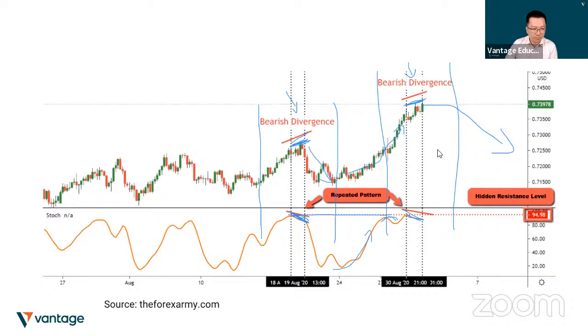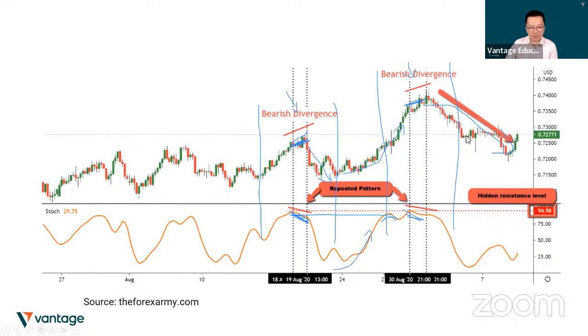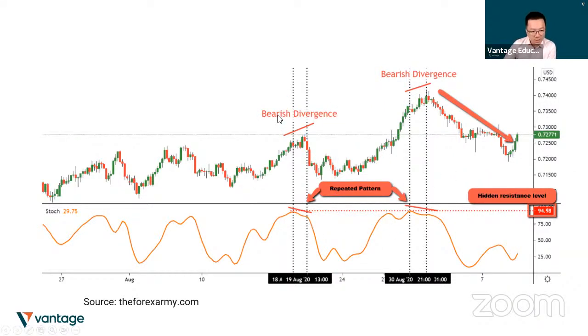So what we saw is that price pushed towards the downside. Let me just clear that out. You can see it's a repeated pattern leading to a repeated result as well. As we see price on the bearish divergence here pushing lower, again a bearish divergence pushing lower, and in this case you can see it was a bit of a resistance level there where the stochastic hit and started turning towards the downside.